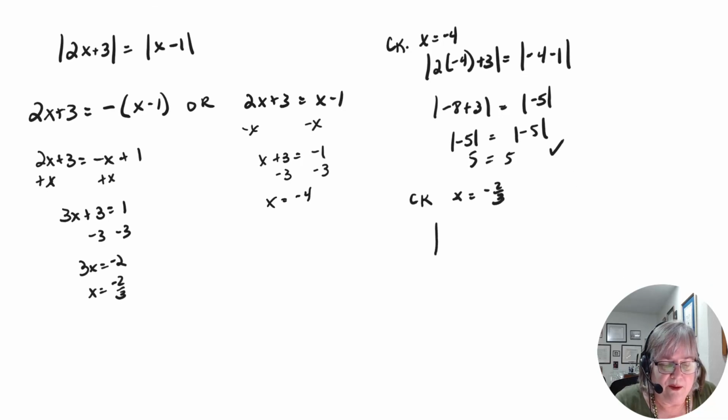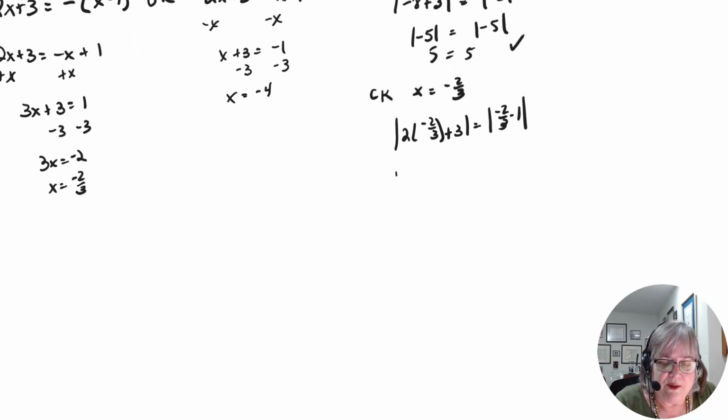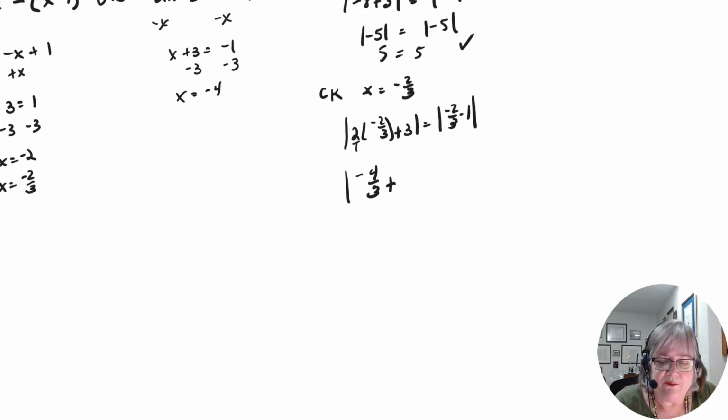So is the absolute value of 2 times negative 2/3 plus 3 equal to the absolute value of negative 2/3 minus 1? Right? So it's the absolute value of, now these don't cancel, this is 2 over 1 times negative 2/3 is negative 4/3 plus 3. Now to add 3, I need a common denominator.